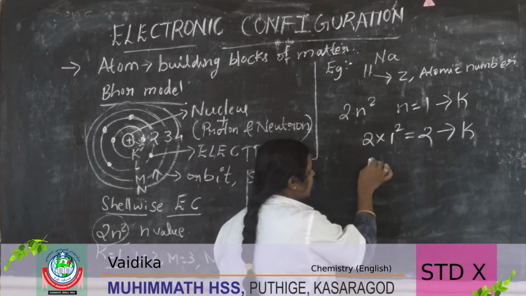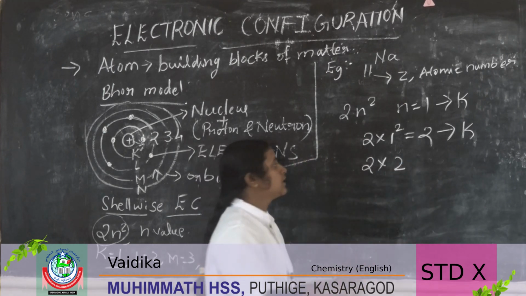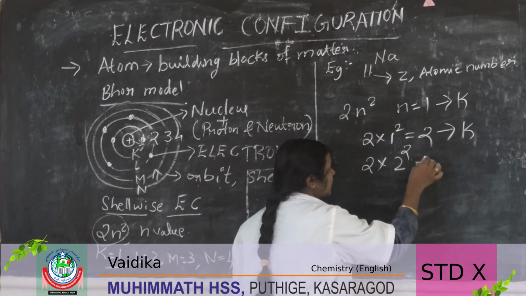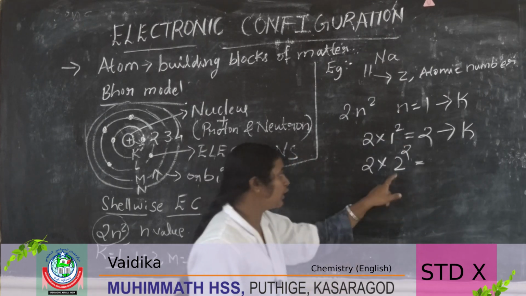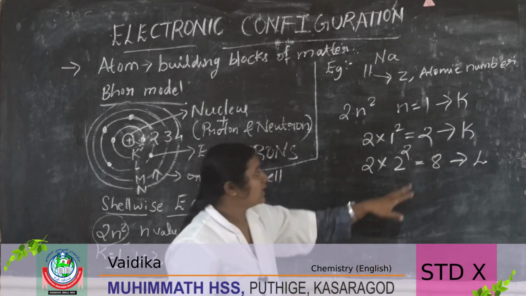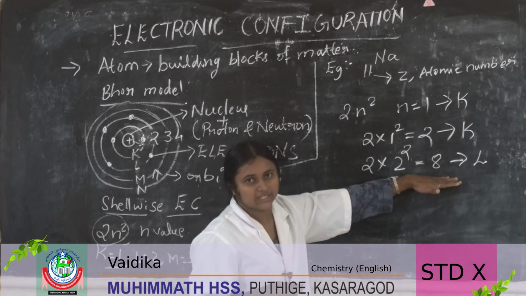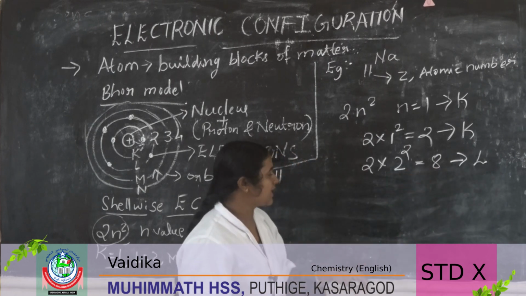In the L shell, the value of n will be 2, right? So 2 into 2 square. 2 square is 4, and 4 into 2 is 8. In the L shell, only 8 electrons will be the maximum.